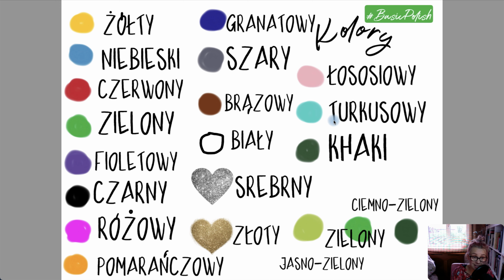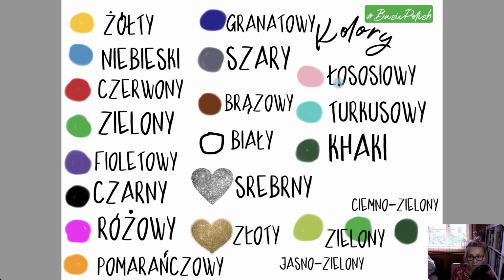Turquoise or teal, turkusowy, and khaki. Very often we replace this with ciemnozielone. I'm going to explain in a second. So let's go through łososiowy, make it feminine.